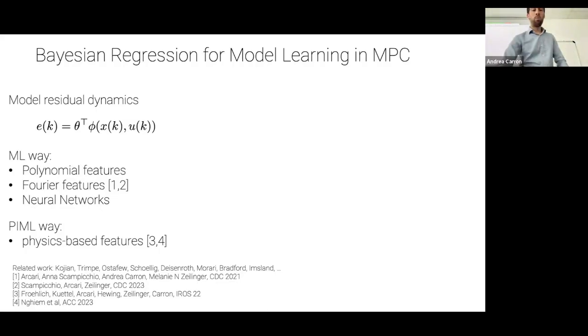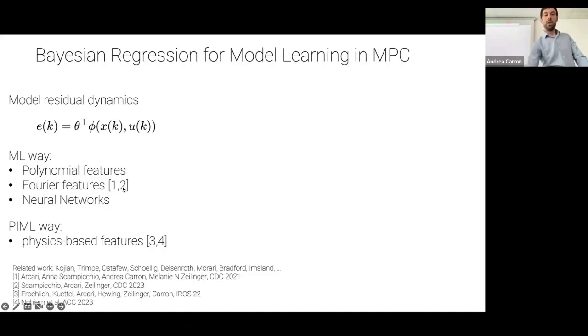And then how to obtain the basis functions phi? Well, let's say that we call this the ML way, but when I was a student, we would have called it the standard way of designing the basis functions. We can use polynomial features. We can use Fourier features, so trigonometric basis functions. Actually, we have a couple of works on this, also from a former PhD student in Padova, Scampicchio. Or, maybe trendy, people can use neural networks to learn these basis functions.